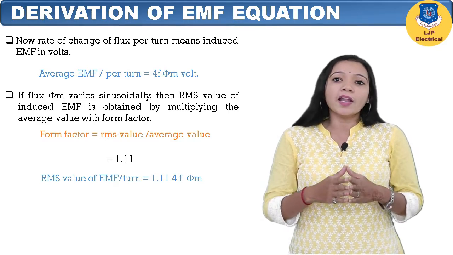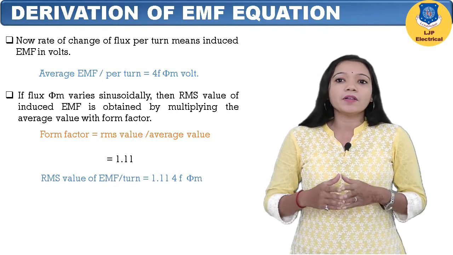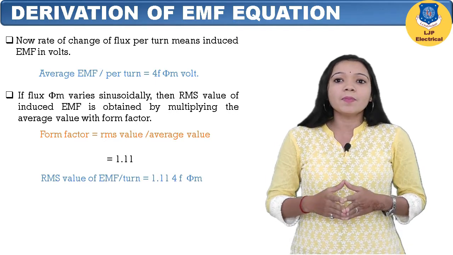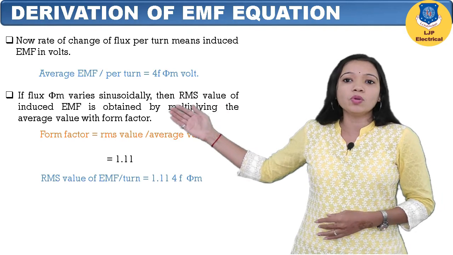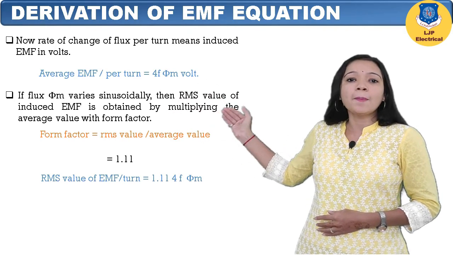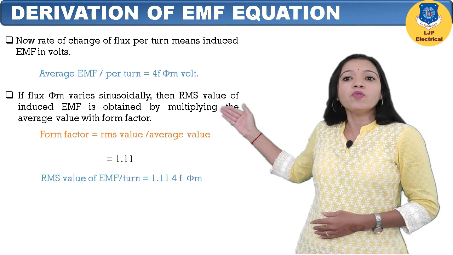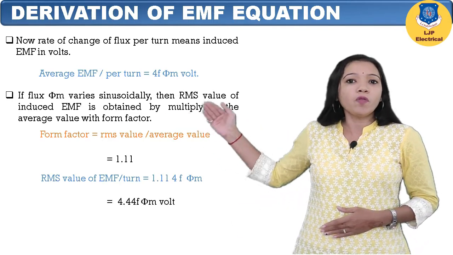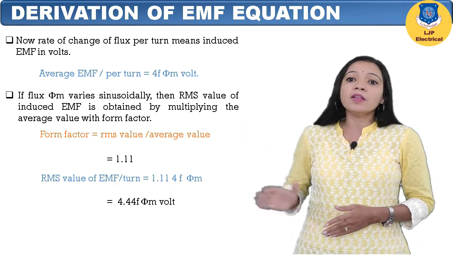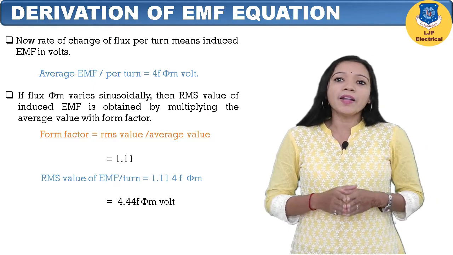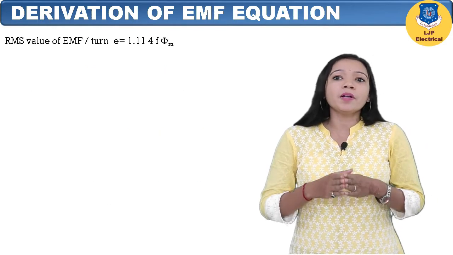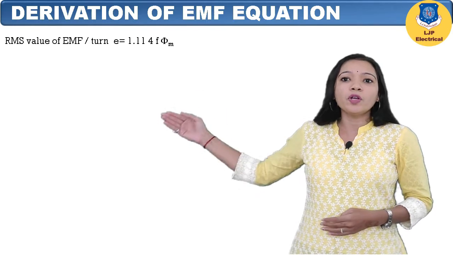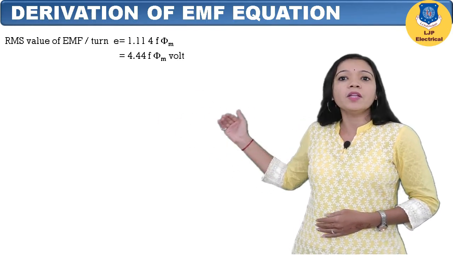So now the RMS value of EMF per turn is equal to 1.11 multiplied by 4f phi m, which is equal to 4.44 f phi m in volt. So RMS value of EMF per turn is equal to 4.44 f phi m in volt.